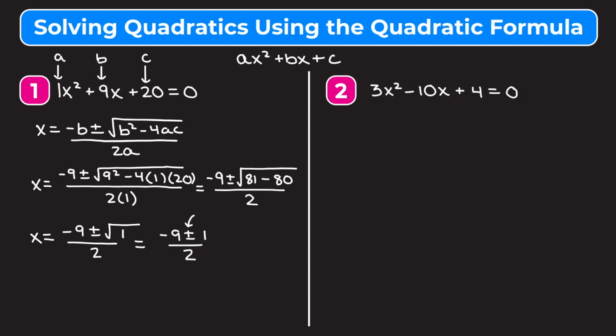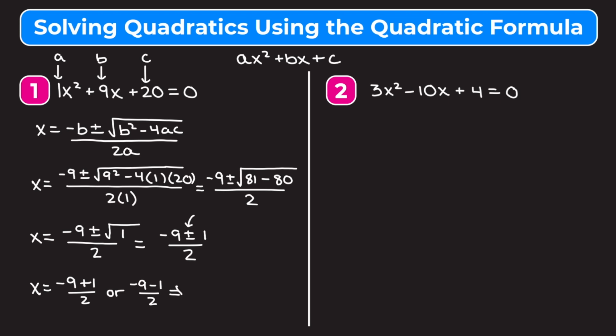So this is showing us that we have to add 1 to negative 9 and subtract 1 from negative 9 and then divide our answers by 2. So we're going to get 2 answers for our quadratic. So what we're going to do is split this up. So we can say x is equal to negative 9 plus 1 over 2 or negative 9 minus 1 over 2. And then we're going to simplify each of these separately.